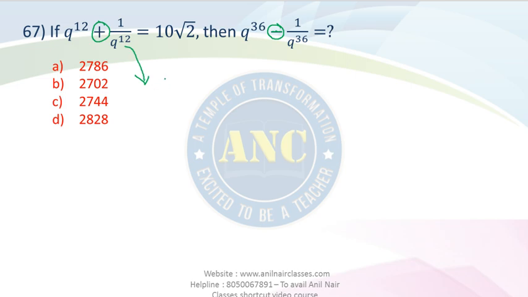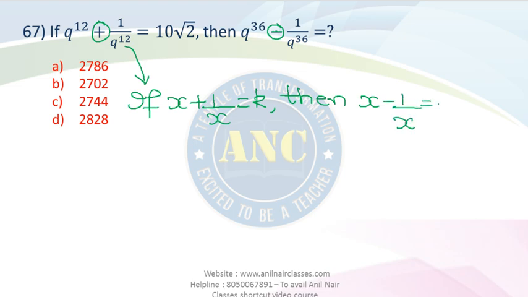We already know one beautiful property saying that if x plus 1 by x is equal to k, then x minus 1 by x is equal to plus or minus square root of k square minus 4. I hope you remember this, sir.